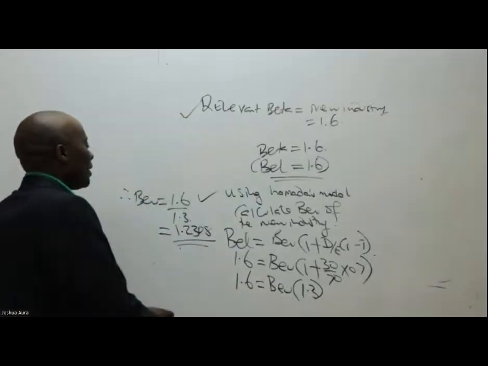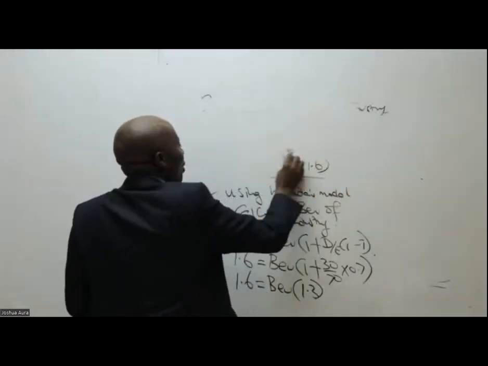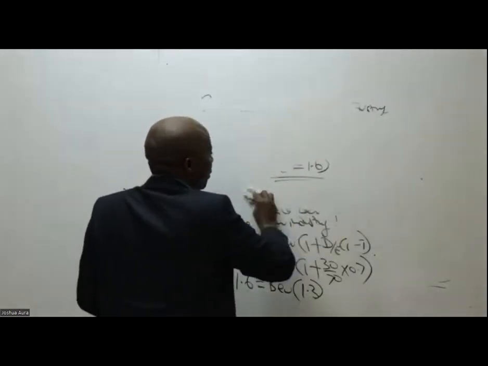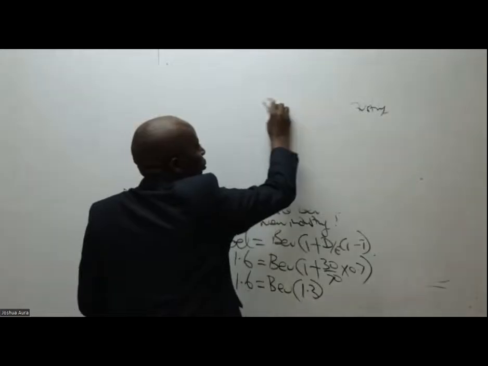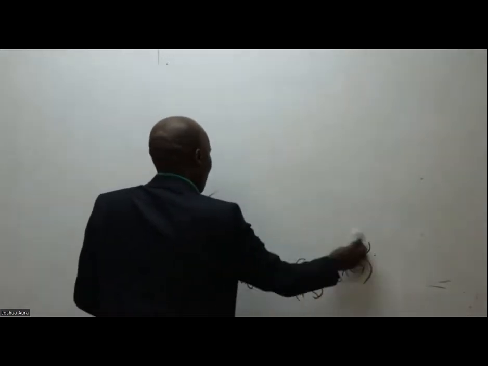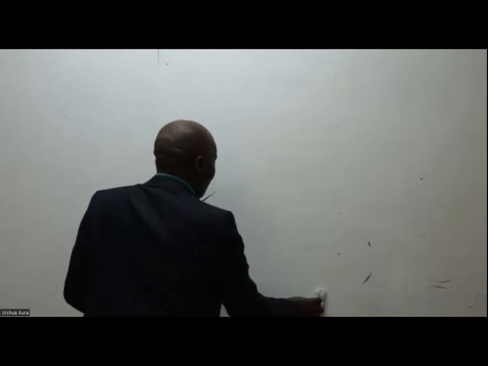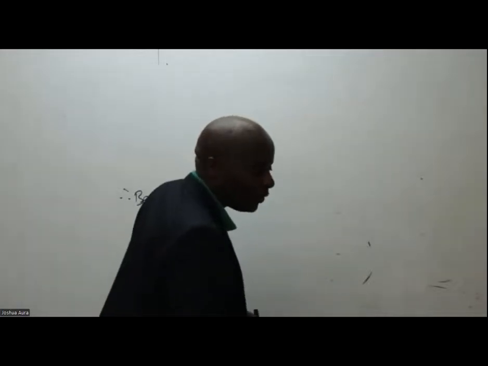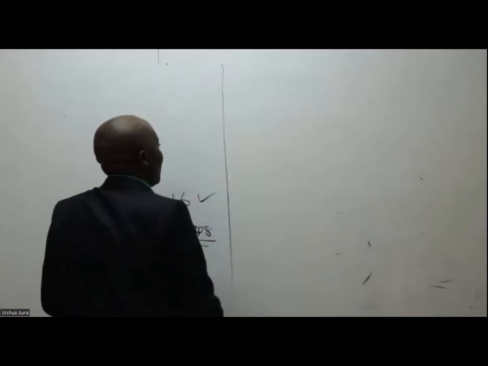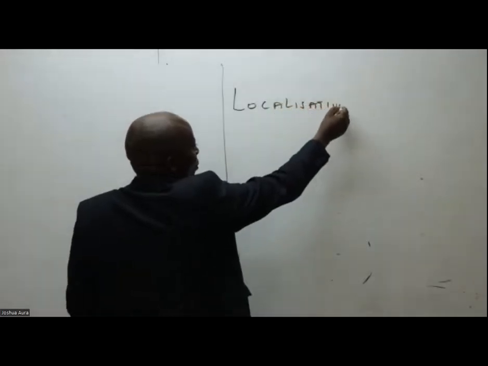So after getting this BEU, now I can apply this BEU of the relevant new industry to the various scenarios given. Now this becomes very easy for me. What I'm doing now is the localization.